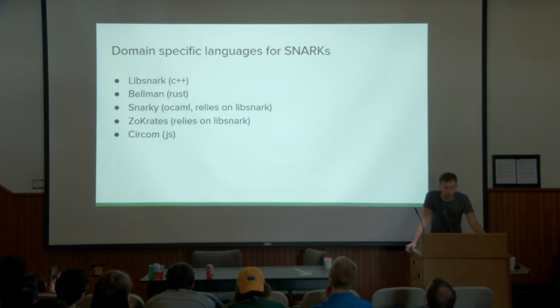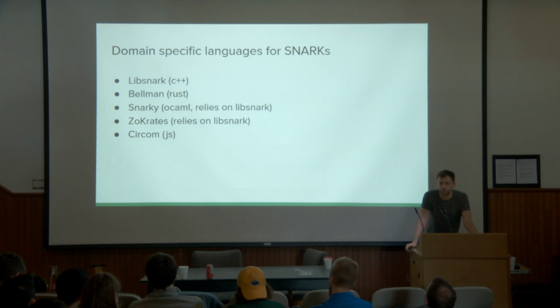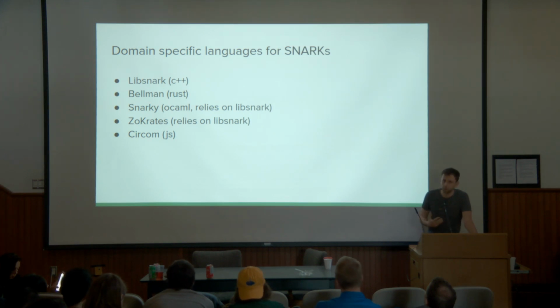The most famous ones are probably LibSnark, followed by Bellman. There are some other newer ones. Some of them are also based on LibSnark. I'm not sure about Circom. I think Circom is completely in JavaScript. I don't remember. But only LibSnark and Bellman are actually very efficient at the moment. So you can use others for some smaller programs. But if you want to write something complicated and heavy, then you have to refer to Bellman or LibSnark, and they're both not optimal yet.